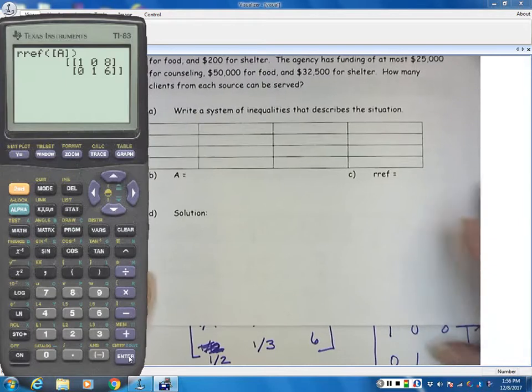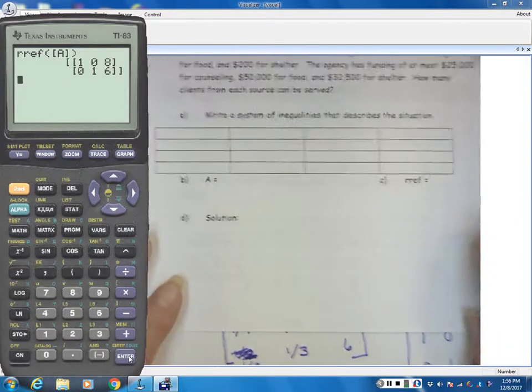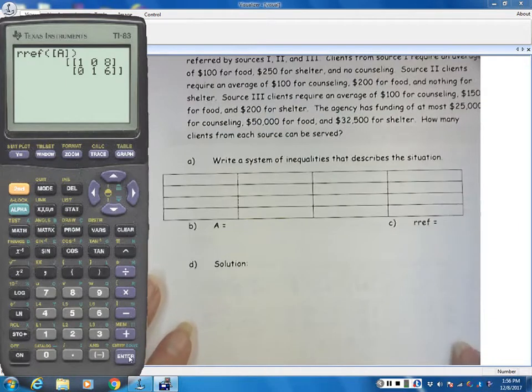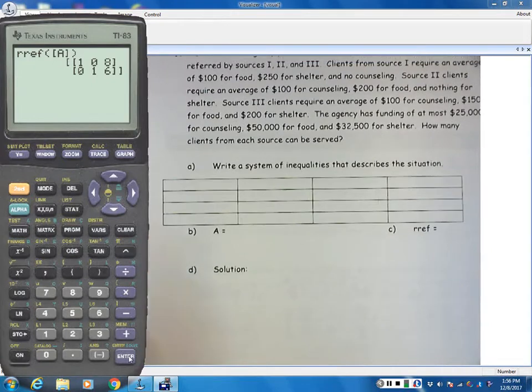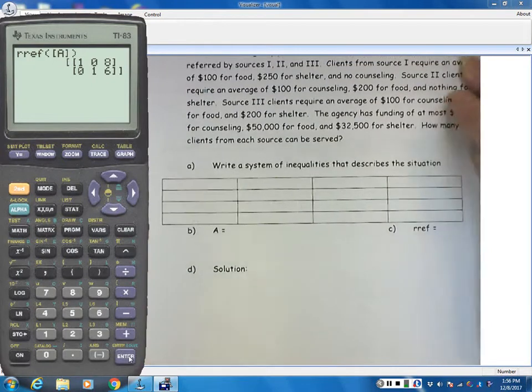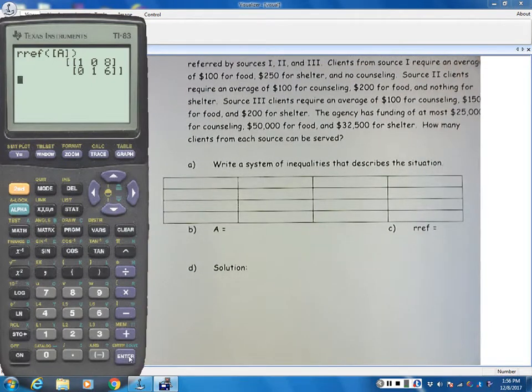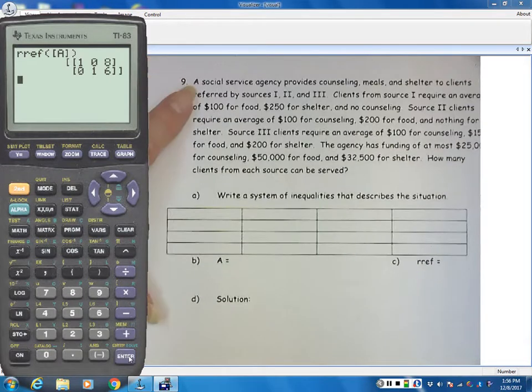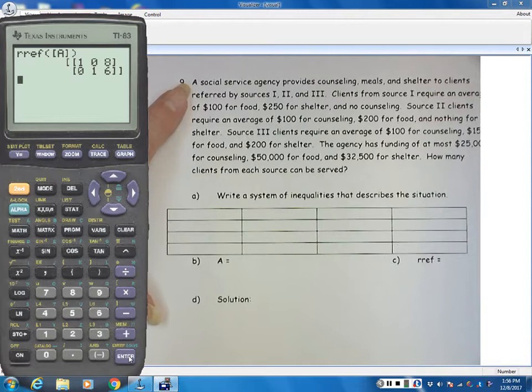So looking at problem number 9, similar problem. Social service agency provides counseling, meals, and shelter to clients. And they're referred by sources 1, 2, and 3. The clients from source 1 take $100 for food.